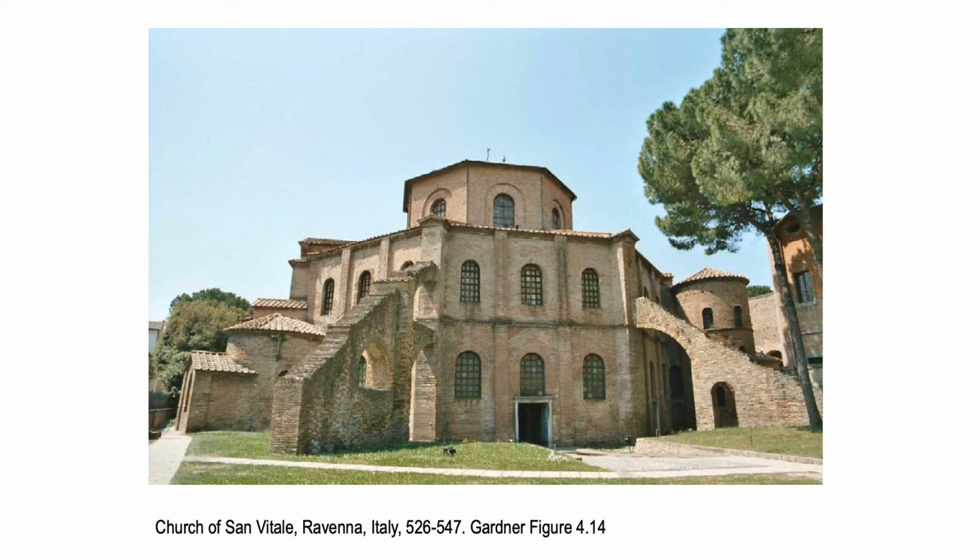And so you end up with this octagonal shaped church, similar to Hagia Sophia in terms of a structure that is central, a central plan instead of a Roman cross plan.